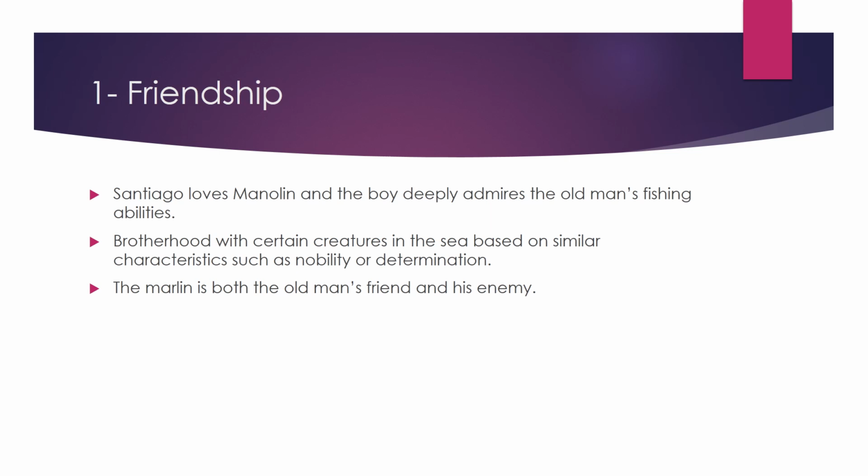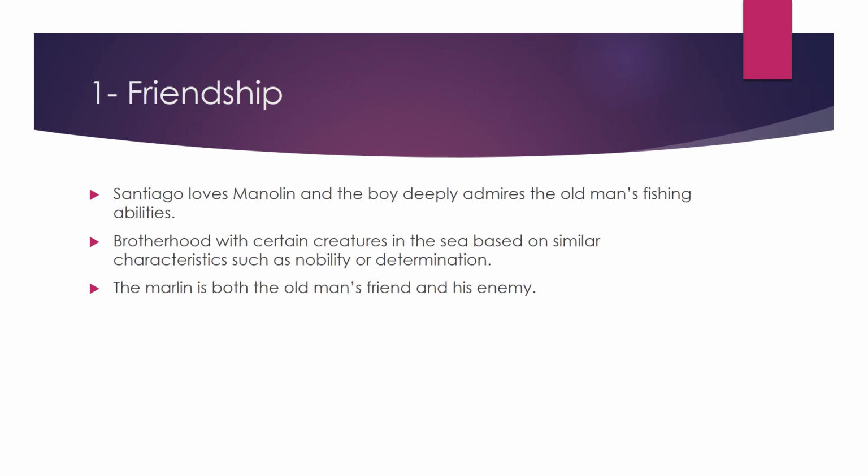We see that everything is based on respect, and we do not see enmity or hostility among the characters or the creatures in the sea. There is only respect, friendship, love and admiration.